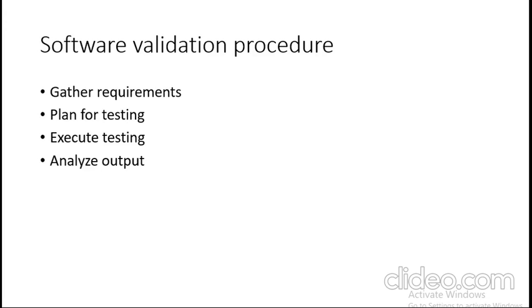Based on requirements, prepare test strategy, test plan and test cases. Evaluate or execute the test cases, record the outcomes of the conducted tests, and analyze the outcomes against the expected outcomes.